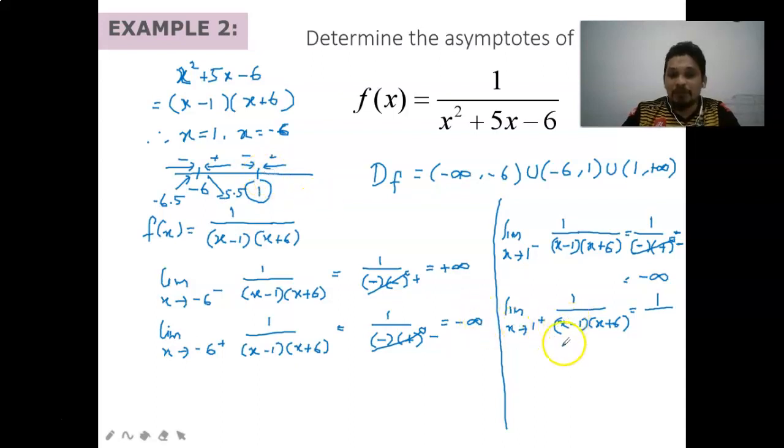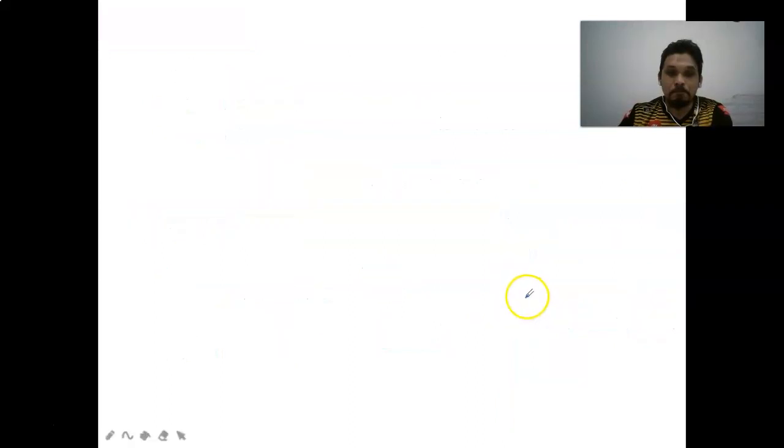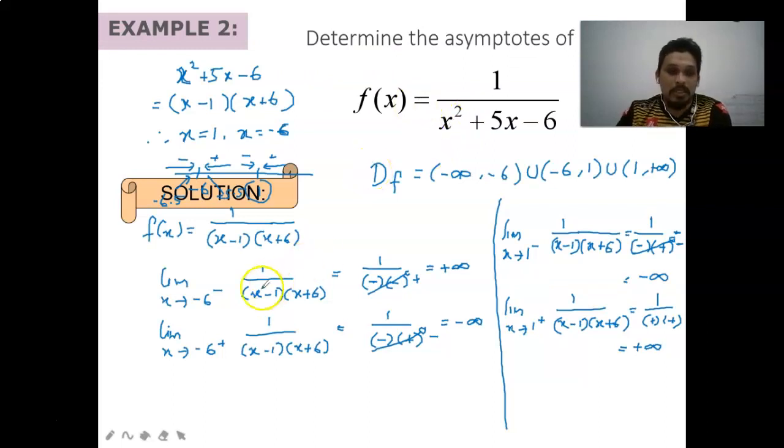So 1.5 minus 1 equals positive 0.5, and 1.5 plus 6 equals positive 6.5. So positive multiplied by positive is positive, and 1 over a positive value equals positive infinity. Okay, class, this is for the vertical asymptote.